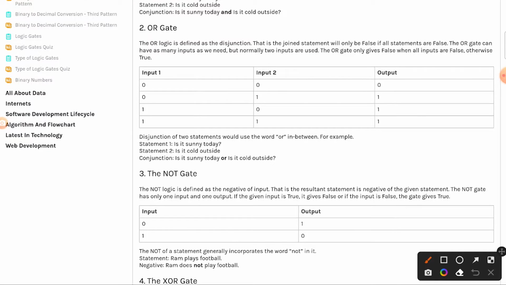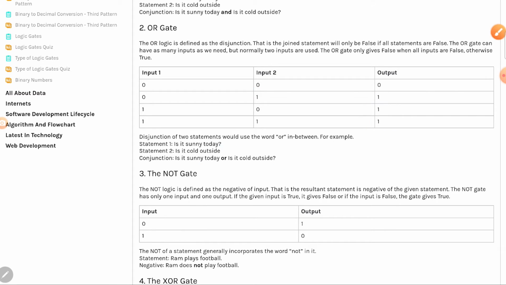You will notice in the example that in 3 cases it says yes, and it will say no only when both are no, which is exactly the opposite of what we saw in the AND. I have given the same example here. Is it sunny outside, and is it cold? As long as one of these is true, the statement will be true.